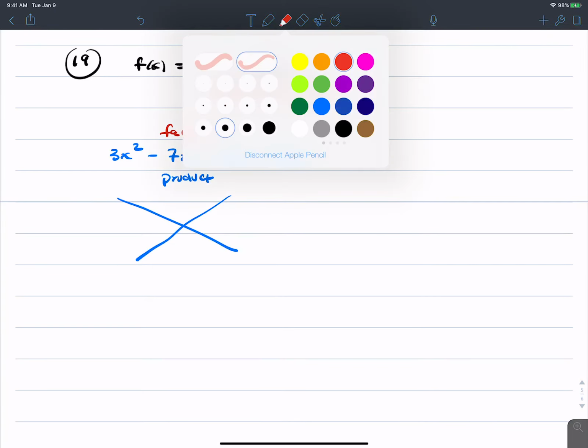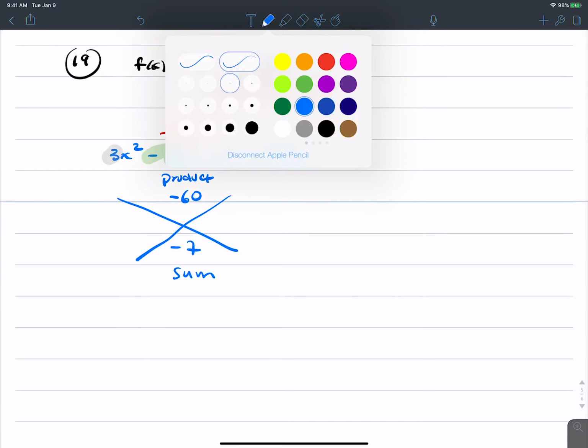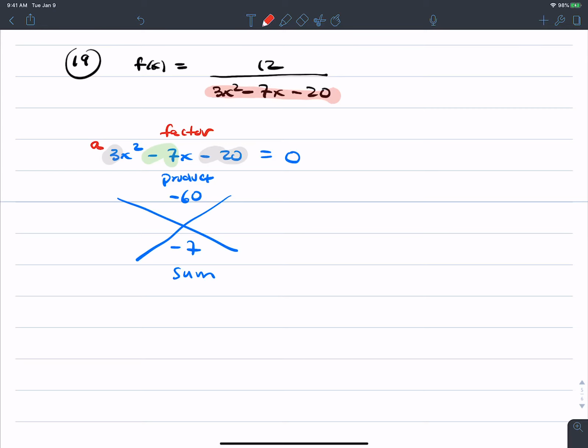What's a bit different is I need to multiply 3 and negative 20 first to get negative 60. And then I have my negative 7 here, so this goes down here. And this will still be my sum. So don't forget, when you have an a value here, and a is not 1, we do have to multiply that a with the c here. And we get the product being negative 60.